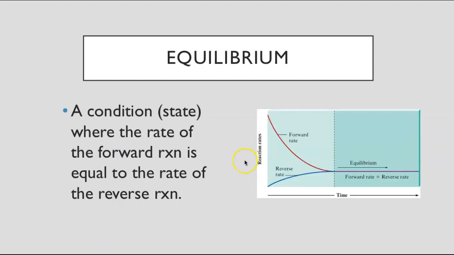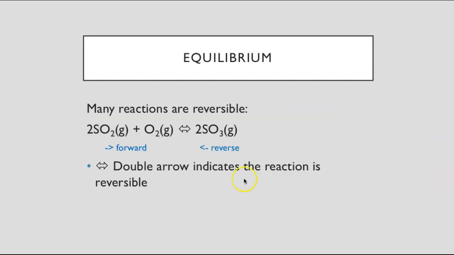So then equilibrium is the condition where that forward rate is equal to the reverse rate. So if you look at what happens, I'm going to go back to our reaction. When the reaction first starts, you only have SO2 and O2.